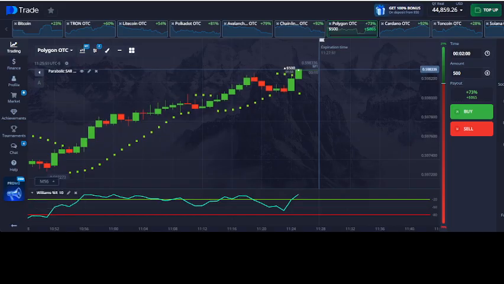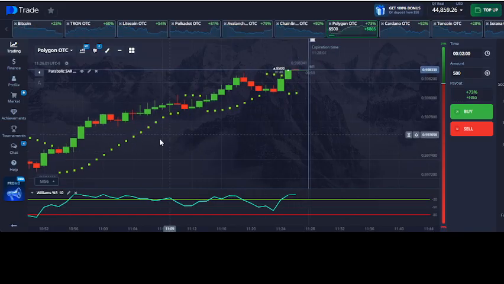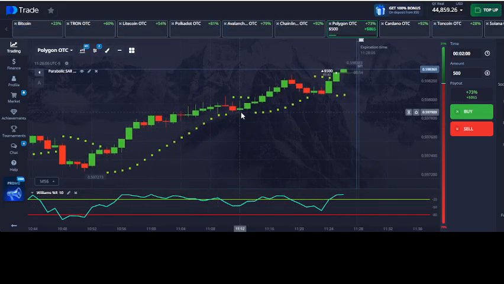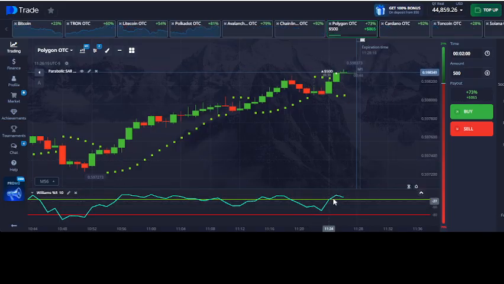Okay, so I'm on the Polygon crypto here, and I just took a buy trade. And the reason why I took the buy trade is, first of all, I'm seeing a strong bullish momentum in the crypto here, from the bottom left to the top right, showing a bullish trend. Secondly, the Williams %R line just crossed over the green 20 line in an upward direction here.